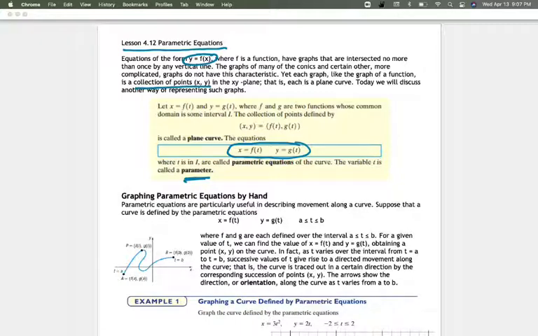These are called parametric equations. Looking at this graph, we can see the path of this curve. Usually we put little arrows on it to show the path over time, how it actually followed through that curve.